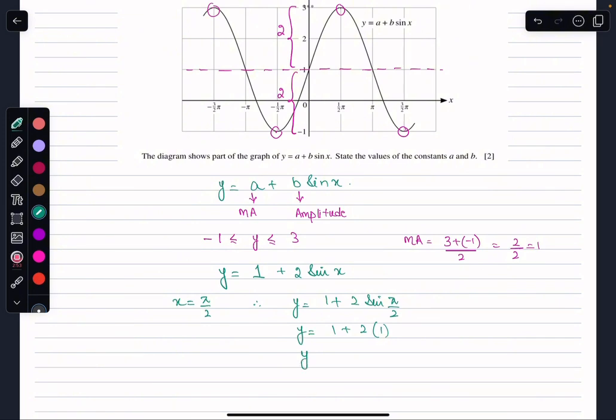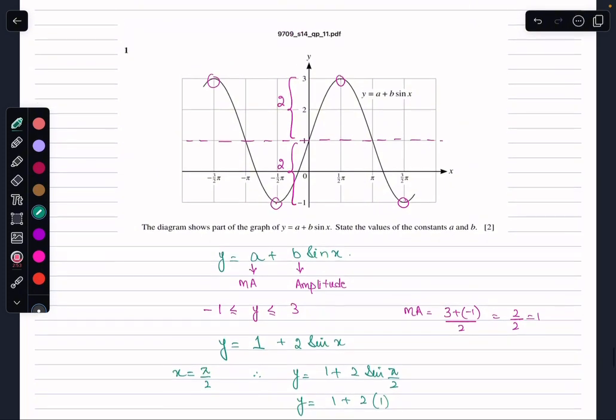So I can see that it's a composite graph with the translation along the y-axis as well as a stretch in the y direction, giving us the y value as 3 when my x is pi by 2, and I can see that the value that is given on the curve is 3 here. So this is how such questions need to be done just by understanding.